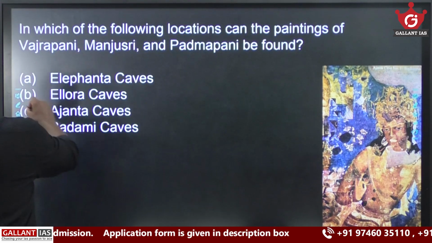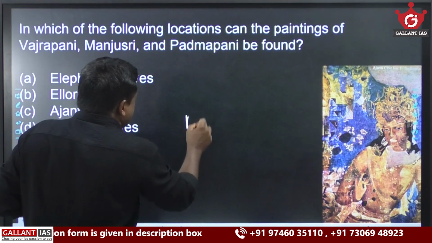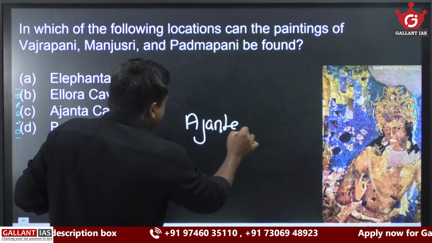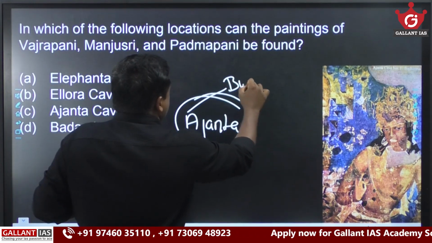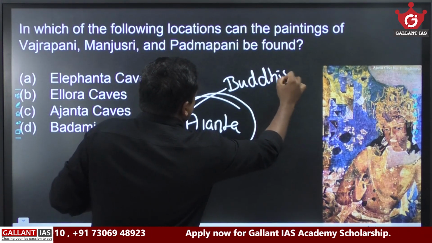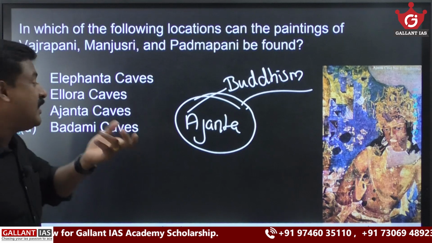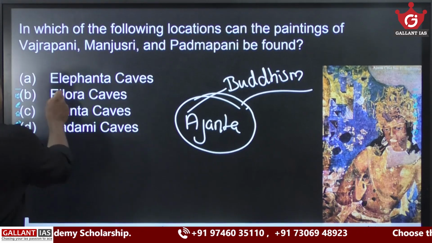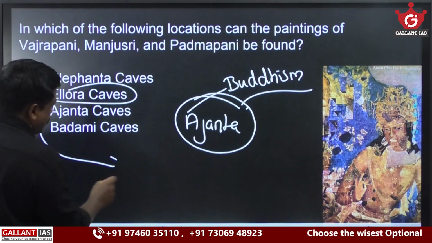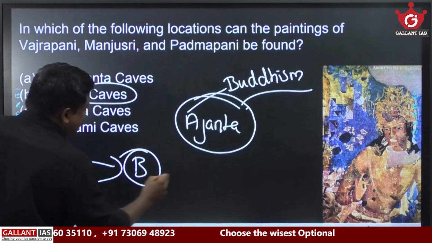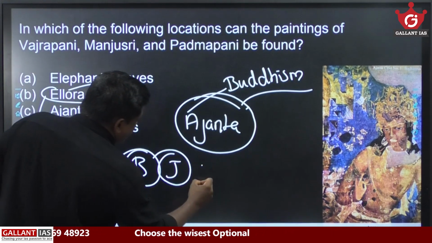You must understand that there are different caves here. Ajanta is mostly having representation of Buddhism, Hinayana Buddhism, Mahayana Buddhism, etc. When it goes to Ellora, Ellora is secular. You can see Buddhist caves, Jain caves, and Brahminical caves.